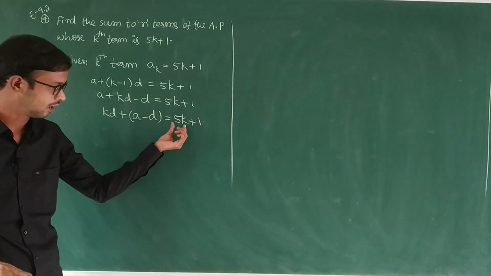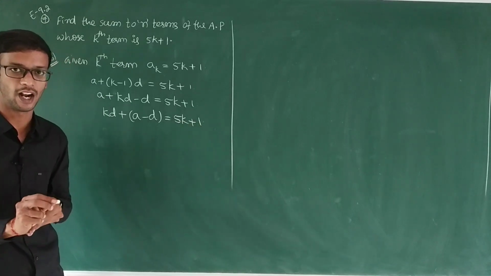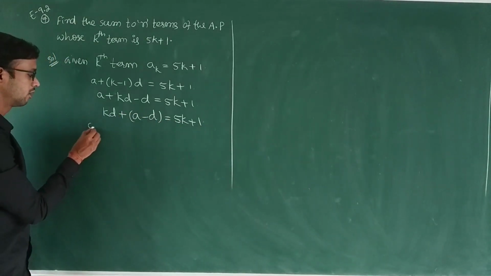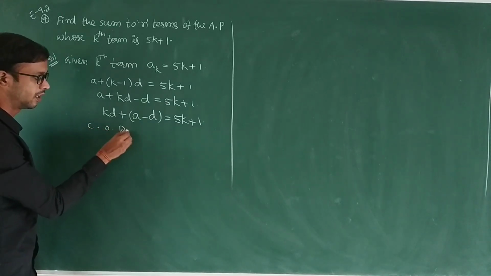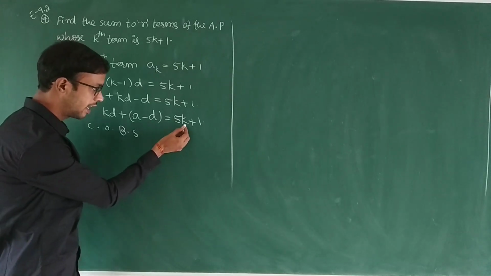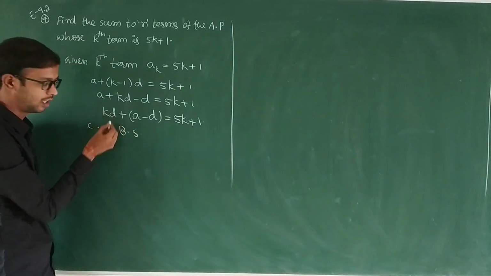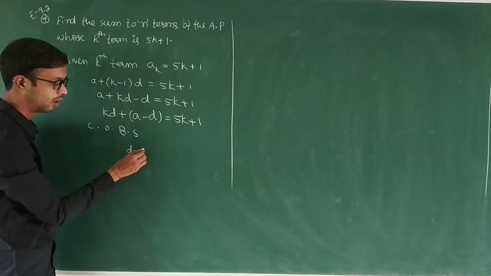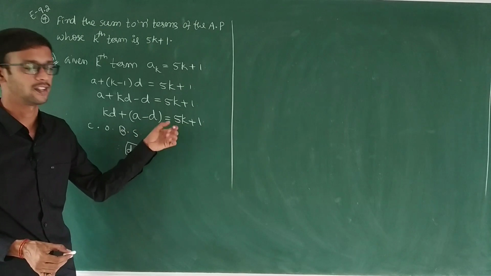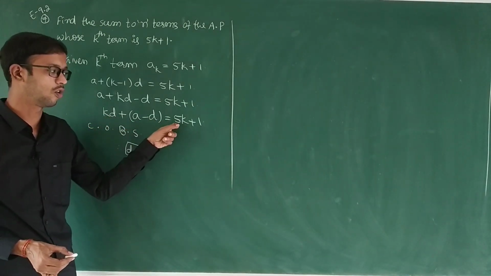5k plus 1. The coefficient of k is 5, the constant is 1. So here we compare both sides. Comparing coefficients on both sides: the k coefficient here is d, and here the k coefficient is 5.